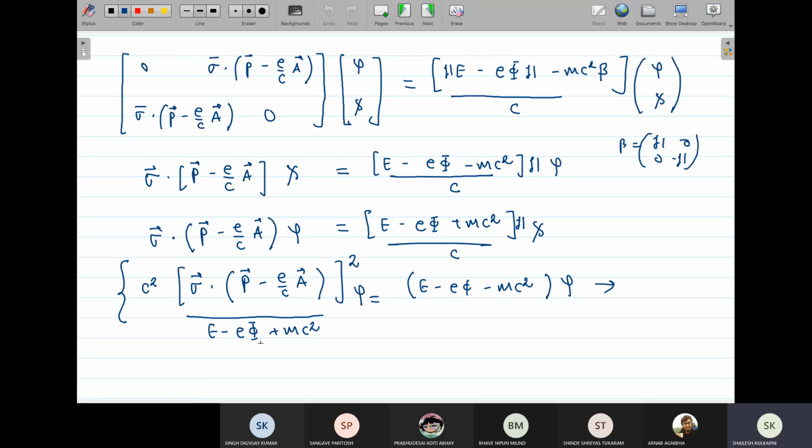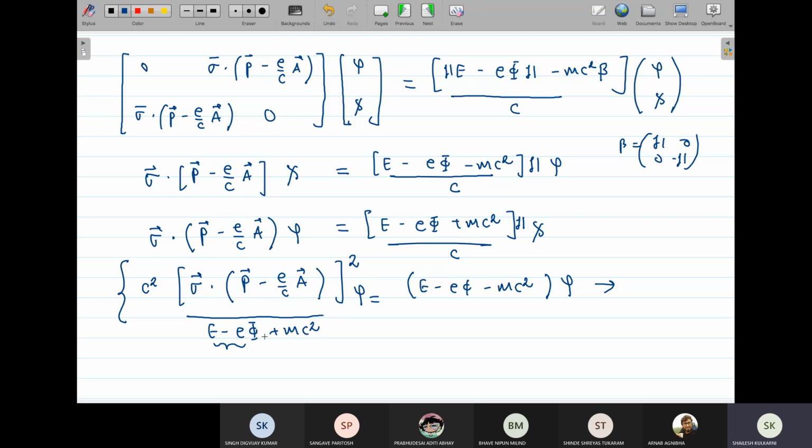If I write E as mc square plus ENR, minus e times the scalar potential is basically your kinetic energy.